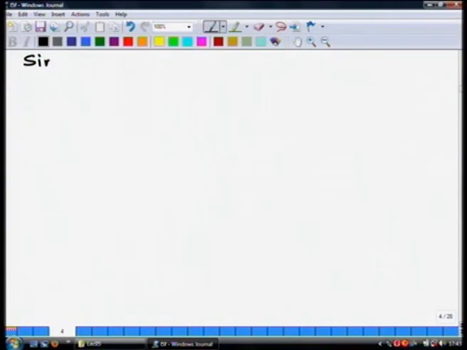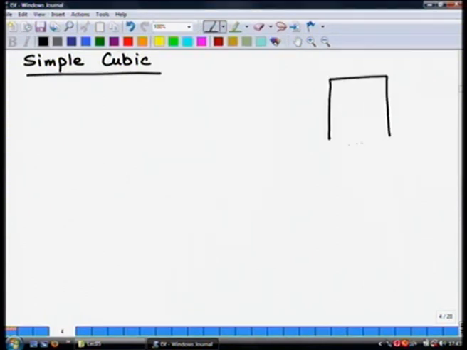Let us start, therefore, with the simple cubic system. Just to understand this, what are the lattice vectors? As you know, simple cubic is simply like this, with lattice points being here, here, here, here, here, here, at the corners of the unit cell.